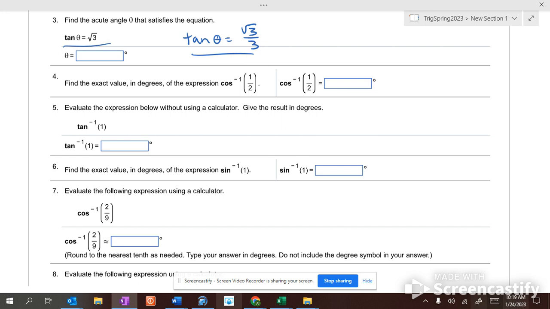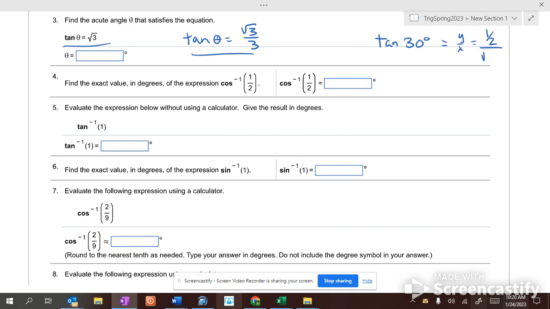Okay, so if we look at the tangent of 30 degrees, what is tangent? It is what over what? Opposite over adjacent, which in terms of y and x on the unit circle is y over x. At 30 degrees, what's y? 1/2.